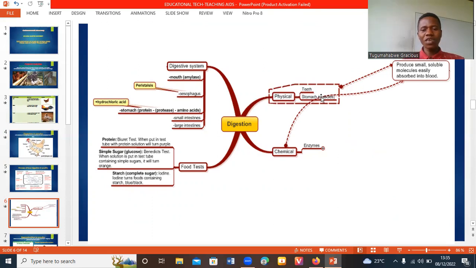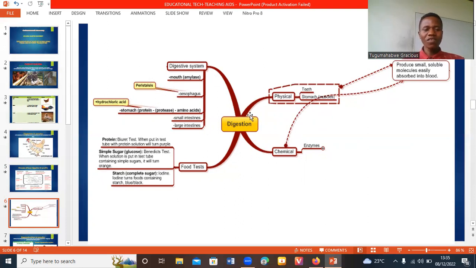So it is explaining how food goes through the process of being digested. After food goes through physical digestion, it also goes through chemical digestion up to being absorbed by the body.